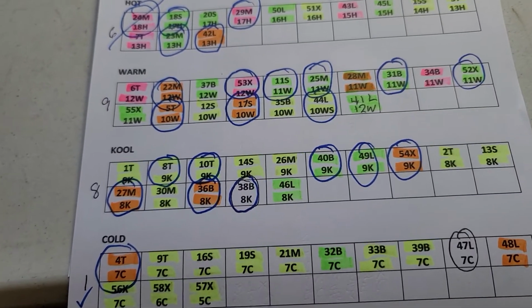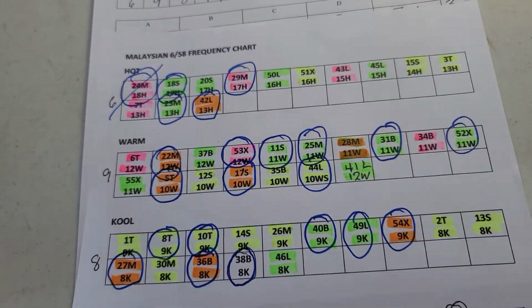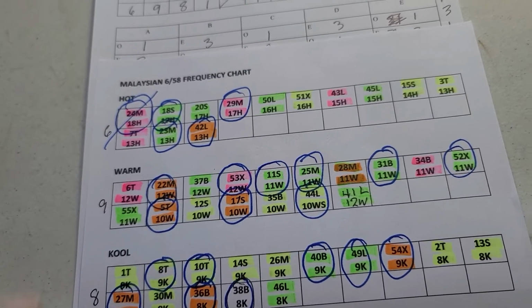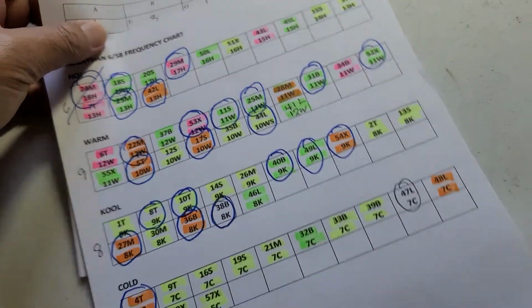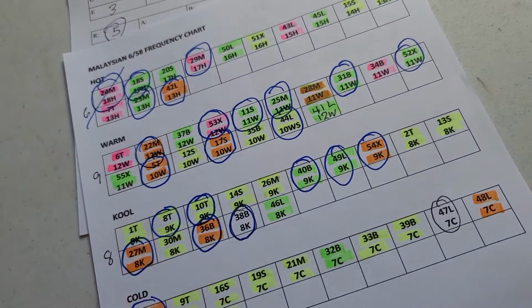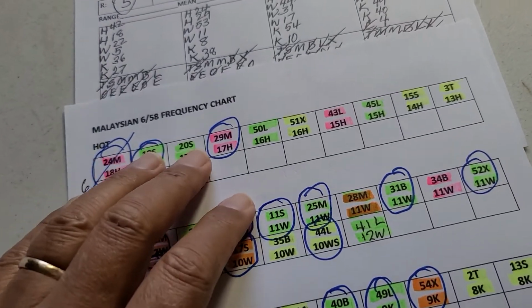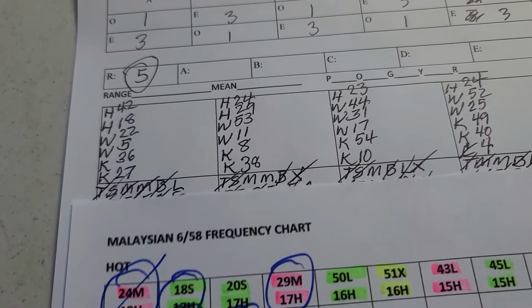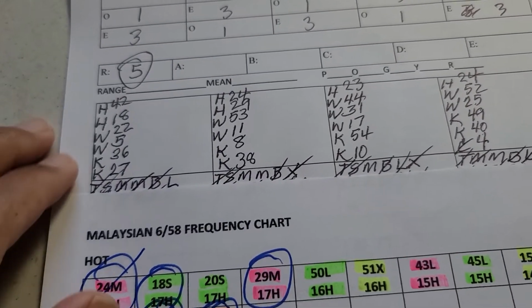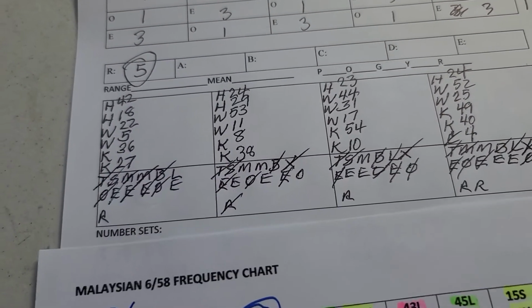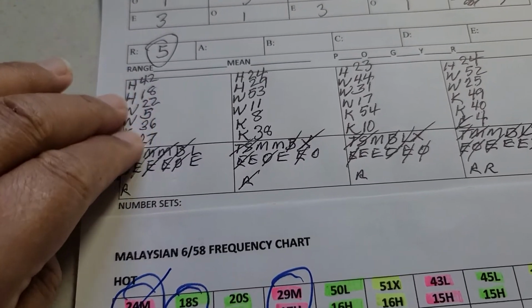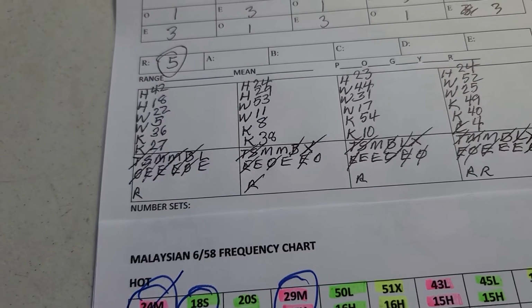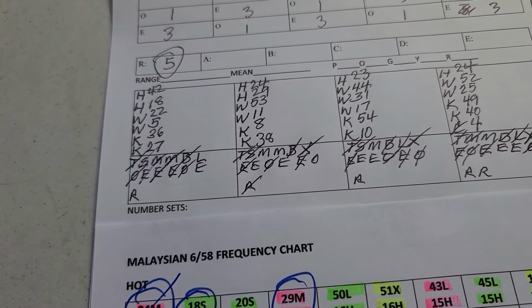Okay, now we can also track the numbers that we need by following the scale right here as I do the numbers. For example, let's take a look at the number sets for A right here. Okay, the first number that I chose was 42. Okay, hot.